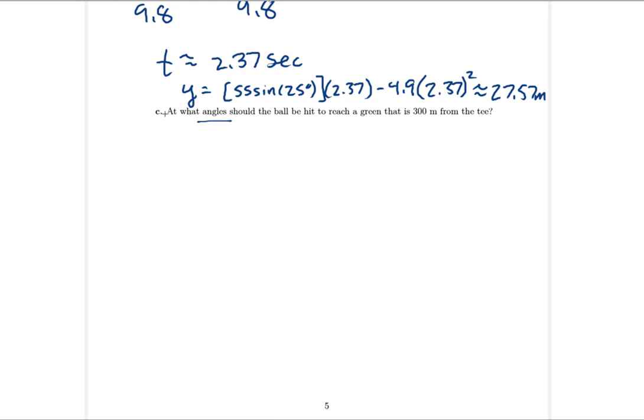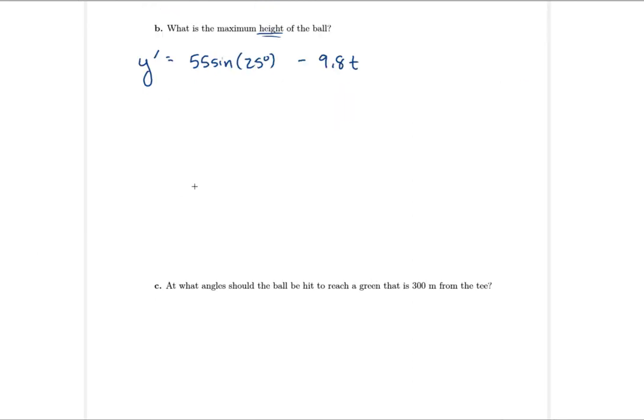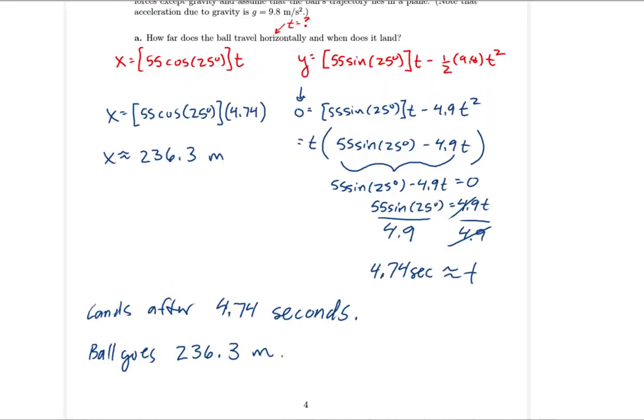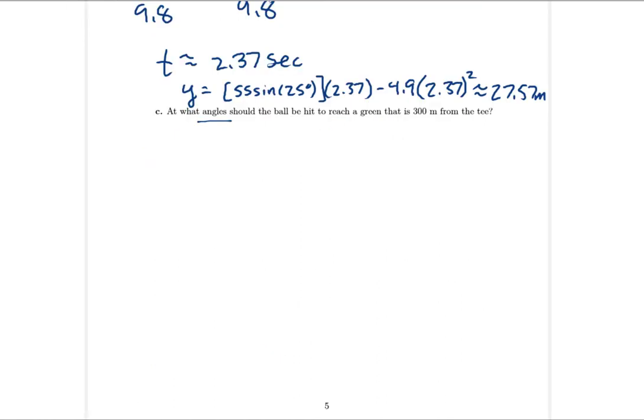If I know that my green is 300 meters away, that means I know my x. So going back to the last page, what I'm doing is setting this equal to 300 and seeing what the t ought to be. So let's do that as a starting place.